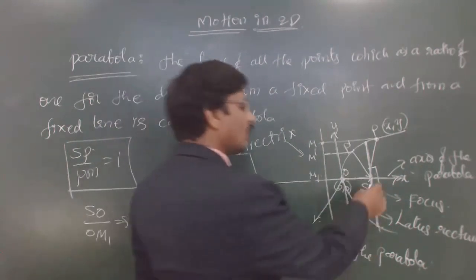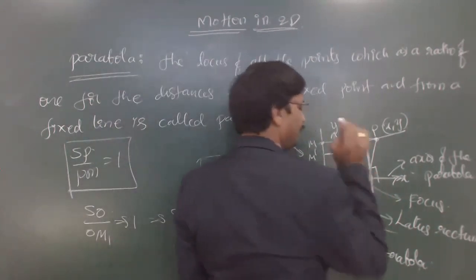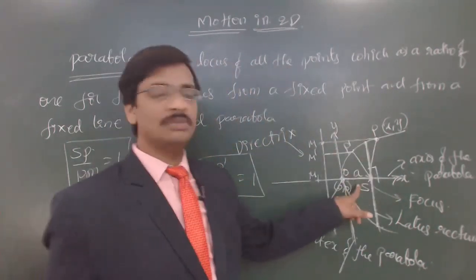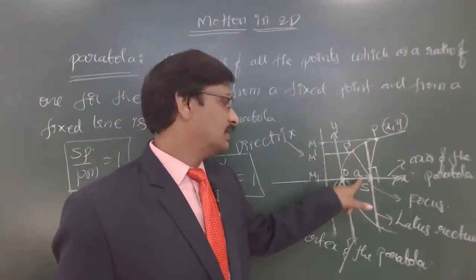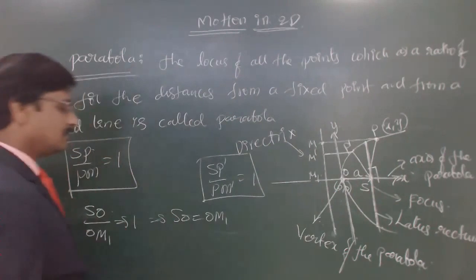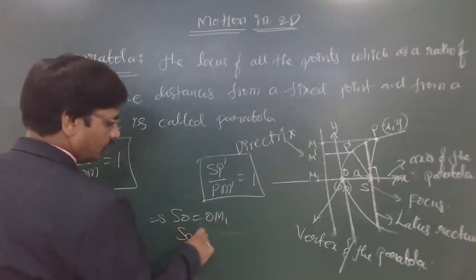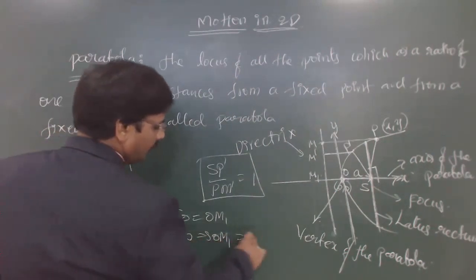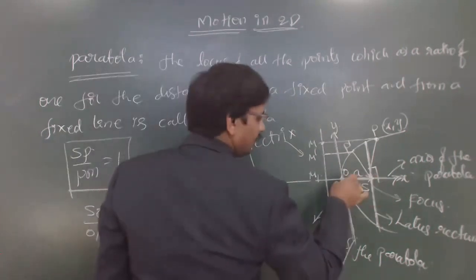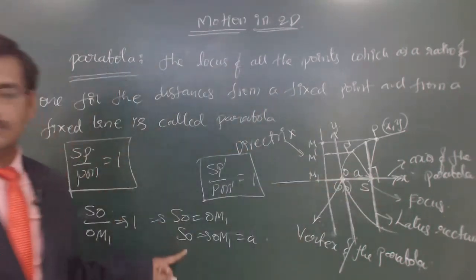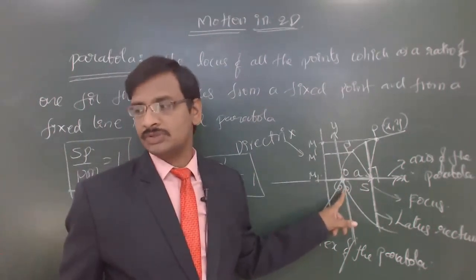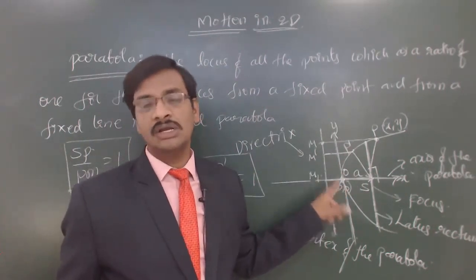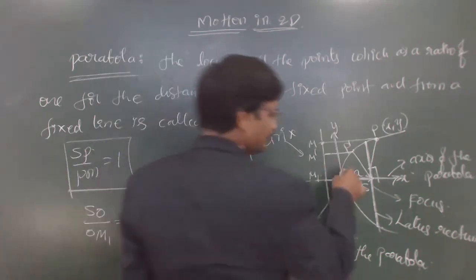Let us say the focus is located at a distance of A, and from this we will calculate all other values. If this is A, then based on this relation SO equals OM1 equals A, because these two lengths are one and the same as per the definition of the parabola, the parabola passing through the origin. So the vertex is located at the origin, the intersection of the parabola and the axis.